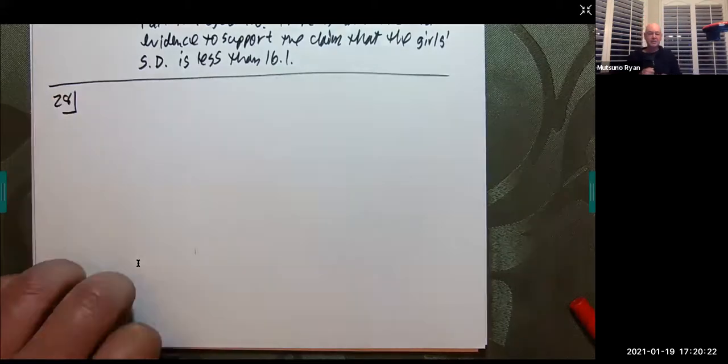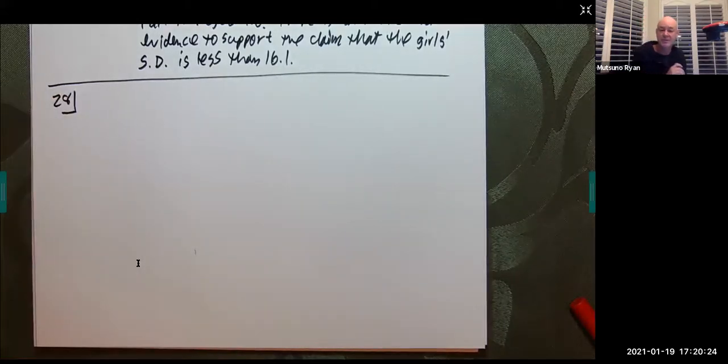For randomly selected adults, IQ scores are normally distributed with a standard deviation of 15. The scores of 14 randomly selected college students are listed below. Use a 0.1 significance level to test the claim that the standard deviation of IQ scores of college students is less than 15. Round the sample standard deviation to 3 decimal places.